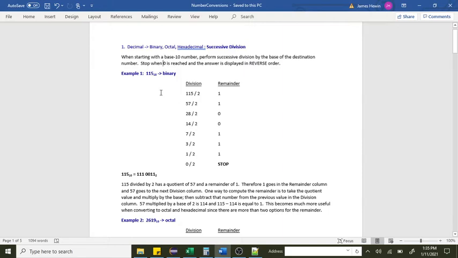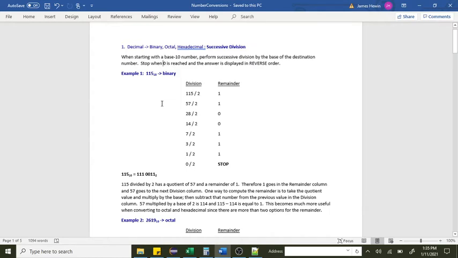When you're starting with a base 10 number, which is decimal, you do what's called successive division by the base of the destination number. Stop when 0 is reached and the answer is displayed in reverse order. This is a very, very simple algorithm, and that will give you your desired answer.